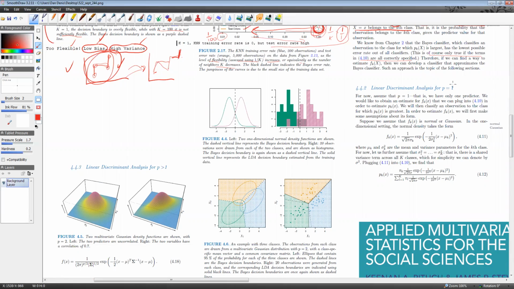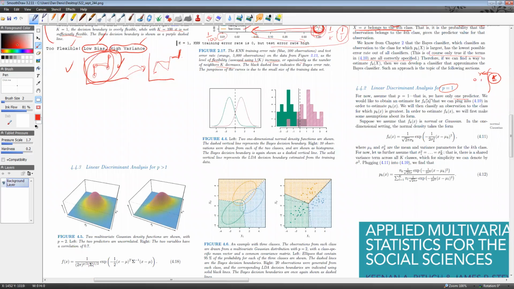So p is equal to 1. You have one predictor. If you want to write the function statement, there's y, 0 or 1, based on x. For now we're going to consider x to be a continuous predictor. So you have x trying to predict class membership 0 or 1, and those are also mutually exclusive.